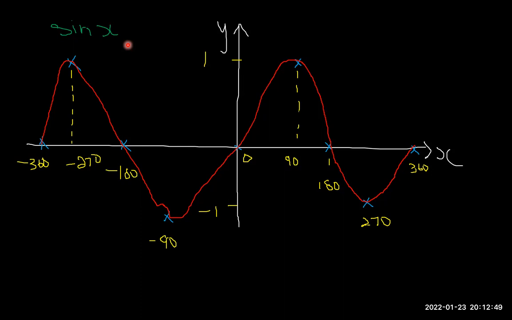Negative 0.9848077753, which is greater than -1. Put sine of, I don't know, sine of 29,000. Tell me your answer here. 0.342020143, which is less than 1.